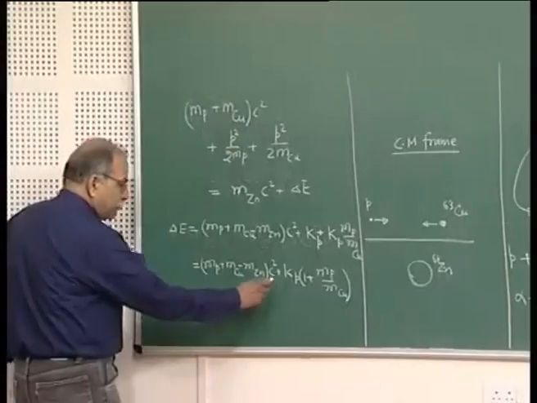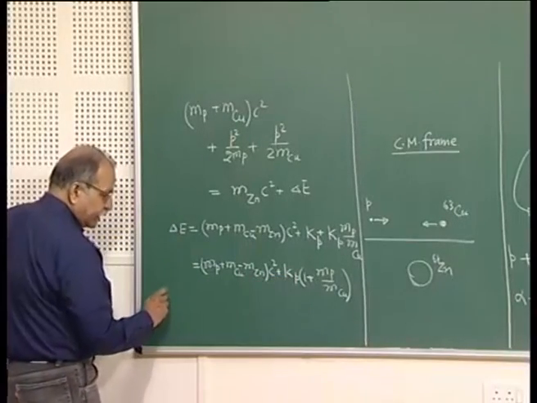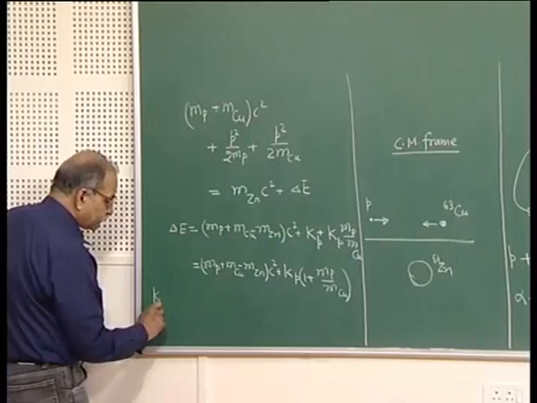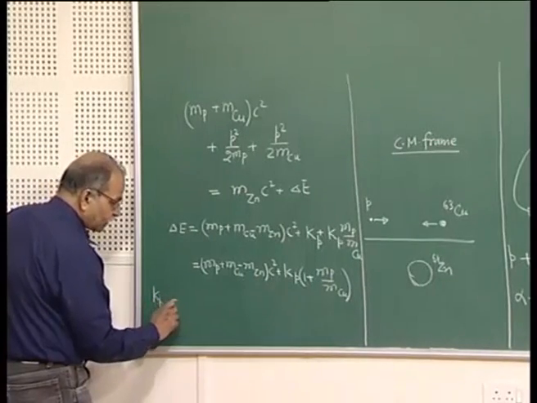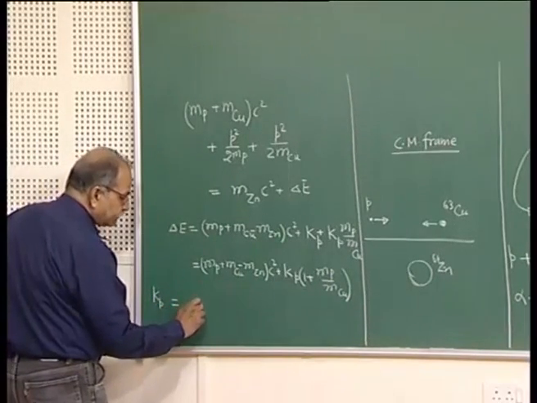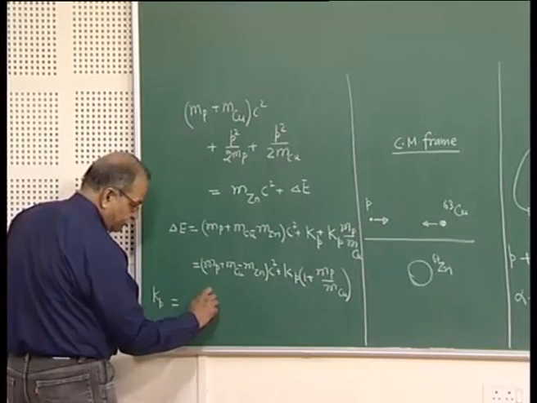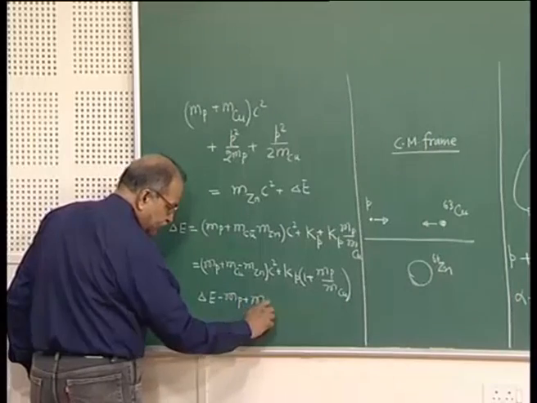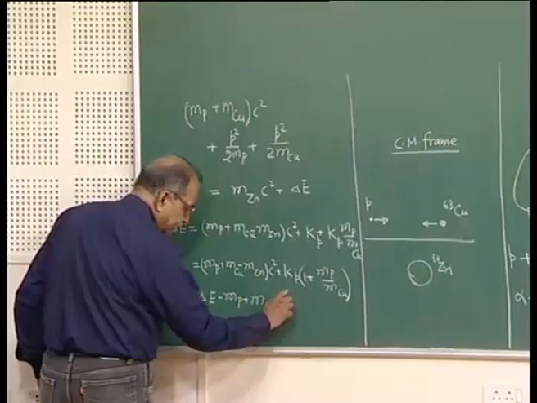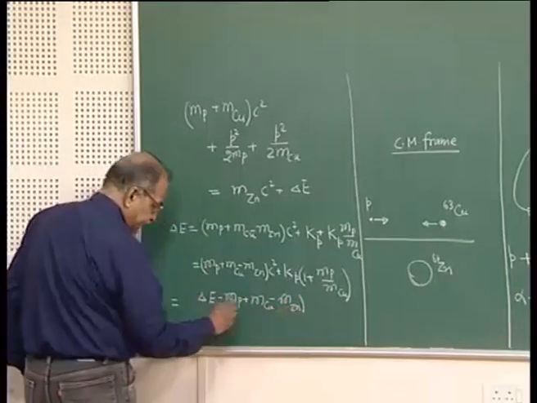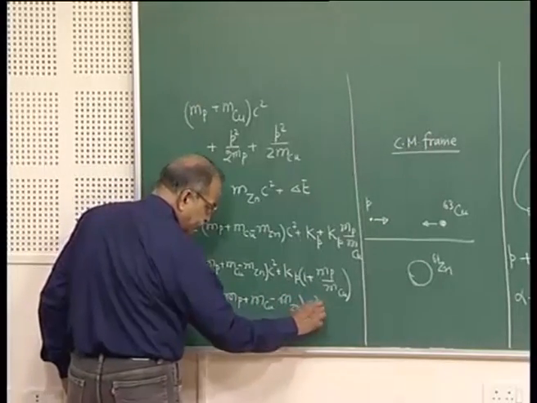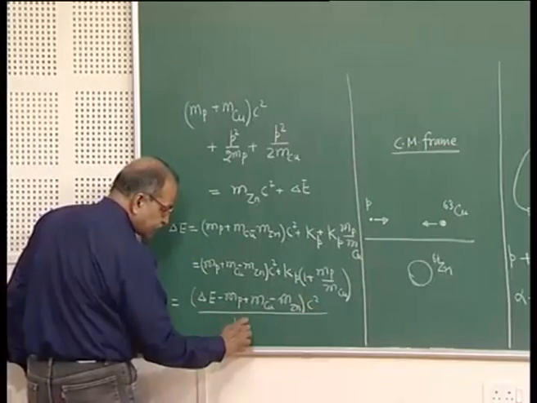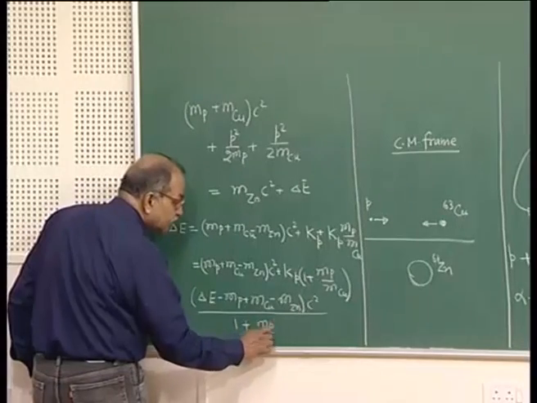Okay. So, Kp you can write from here, and Kp will be delta E minus Mp plus Mcu minus M zinc, C square, divided by 1 plus Mp by Mcu.